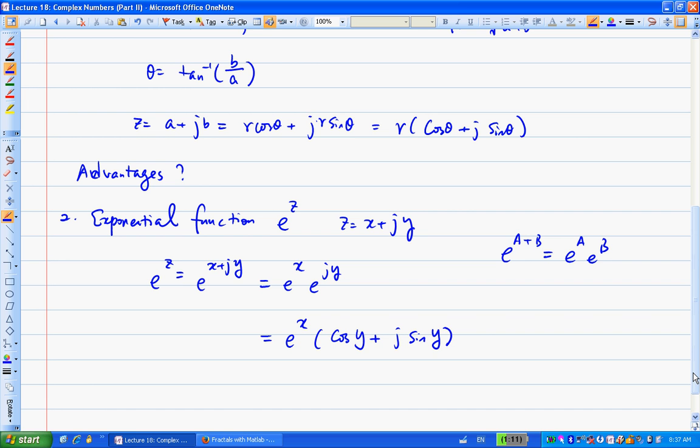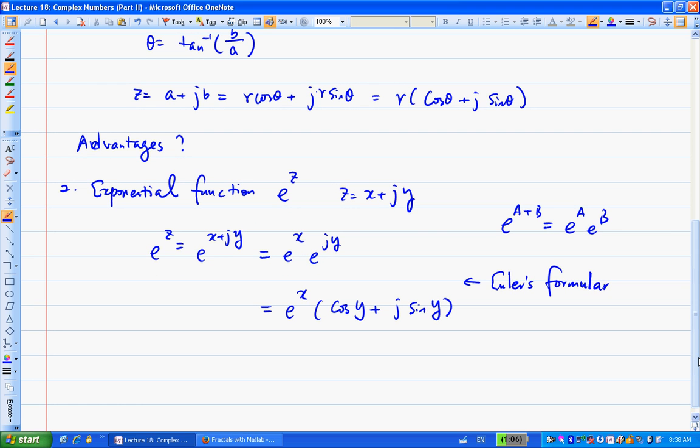Okay, so this is new here. Now this one here is actually the so-called Euler's formula. Okay, so basically you can either call this whole portion or just this small portion over here Euler's formula. Yeah, this name Euler, you see that in so many different places, right?